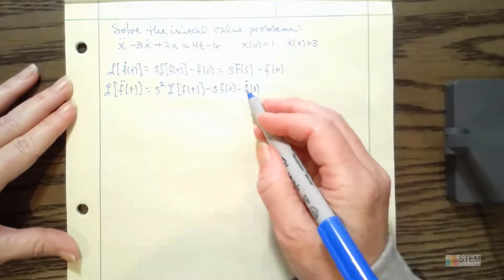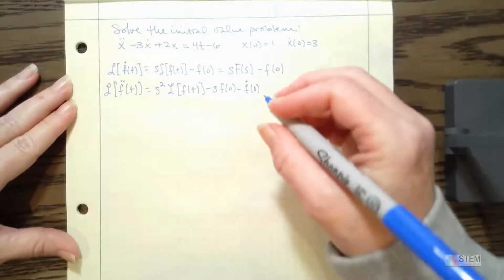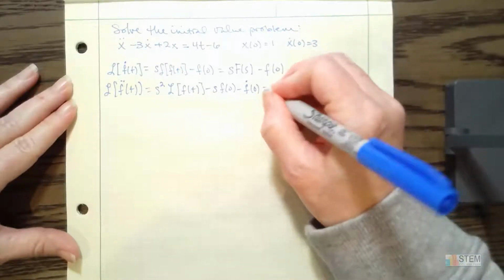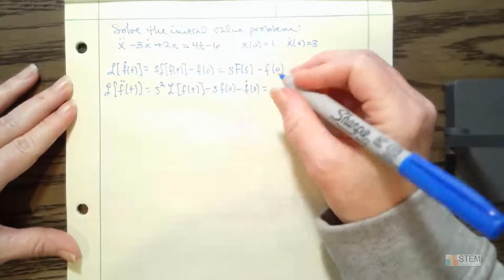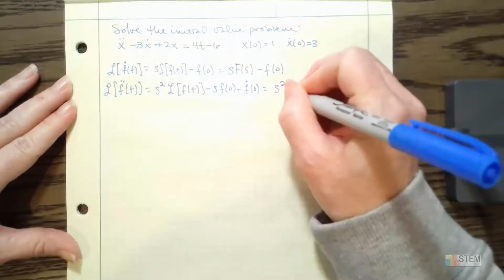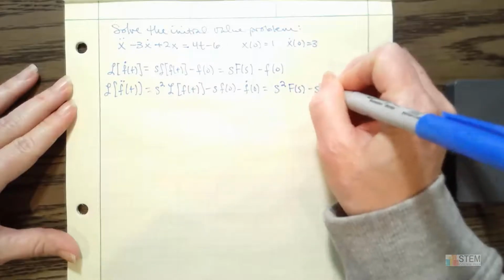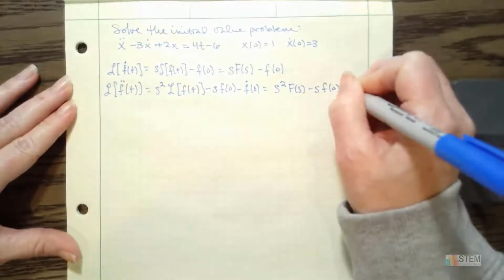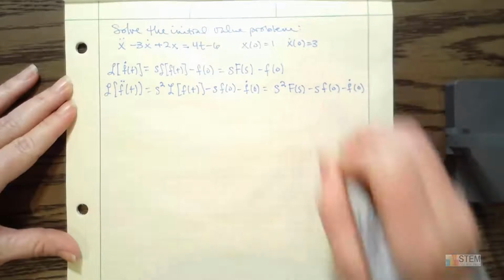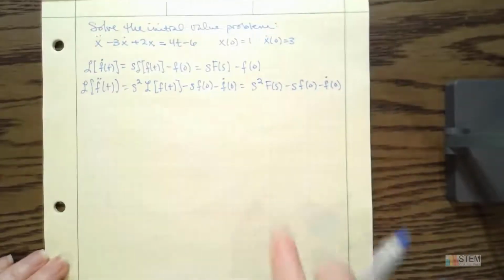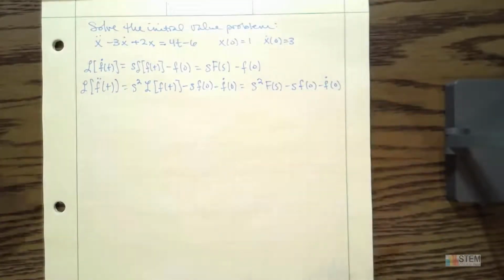This would be our first derivative of f when t is 0. And then if I rewrite it using the capital notation, that's equal to s squared F of s minus s times f at t equals 0 minus f dot at t equals 0. These are just equations for Laplace transforms, and they work for any problem, not just this one.